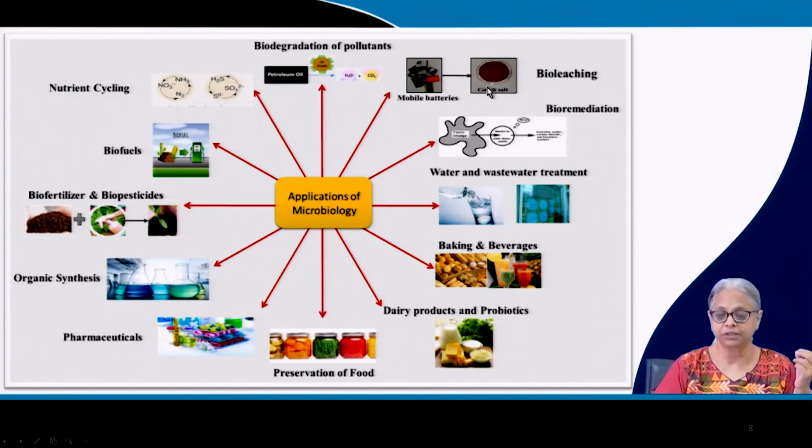The metal, for example, cobalt, copper, gold, uranium, all these metals can be extracted from various types of starting materials. The starting material, like I said, can be mobile batteries or ore or any of the other types of materials. Bioleaching is another effective and cheap method for doing that.